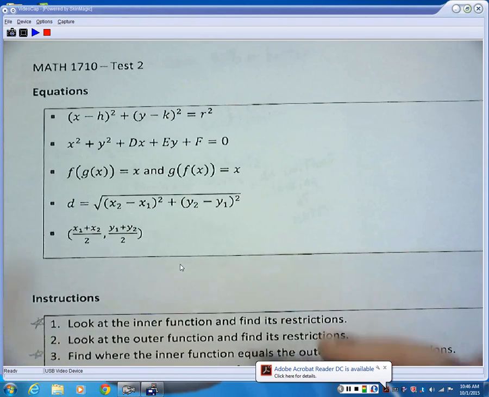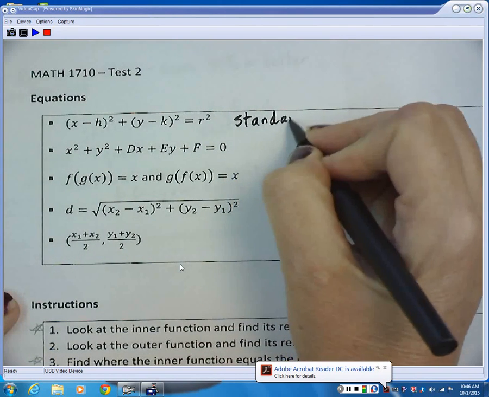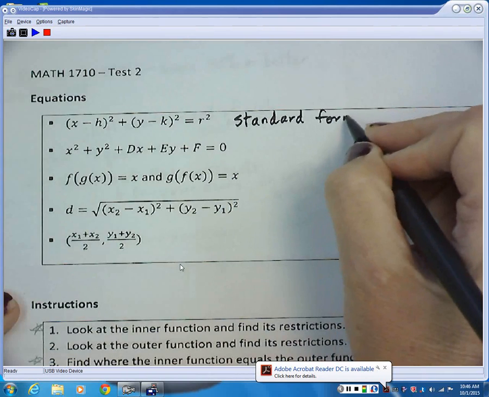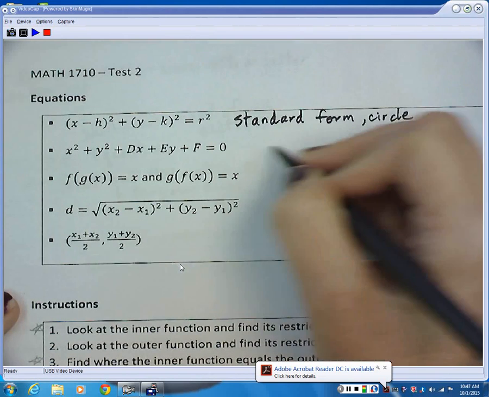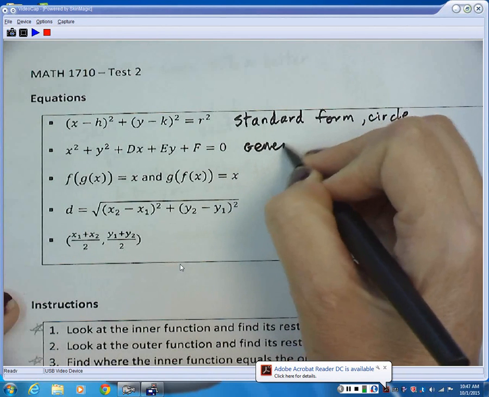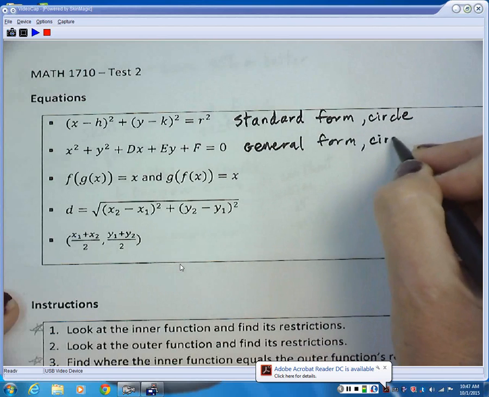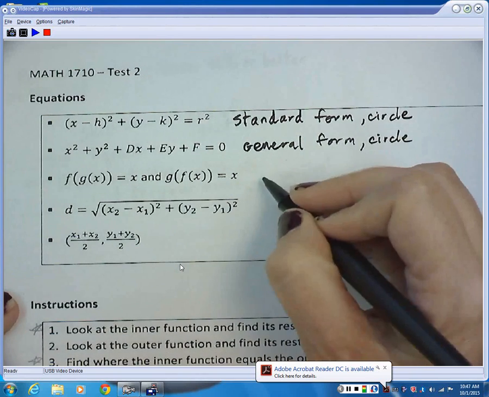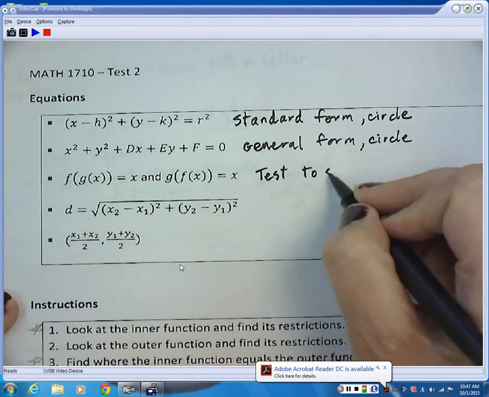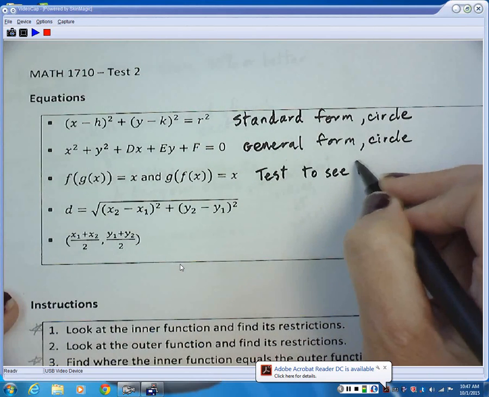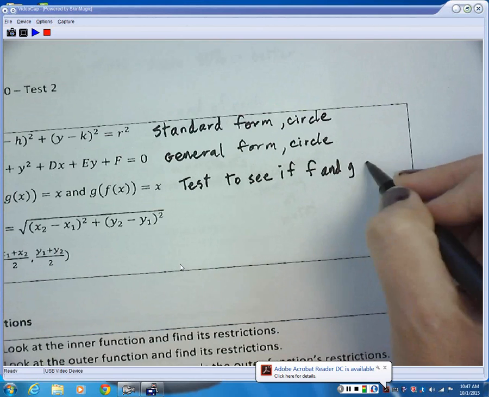This is the standard form of a circle. This is the general form of a circle. This is the test to see if F and G are inverses.